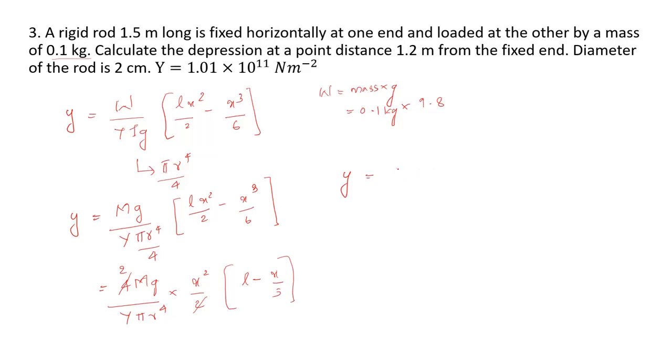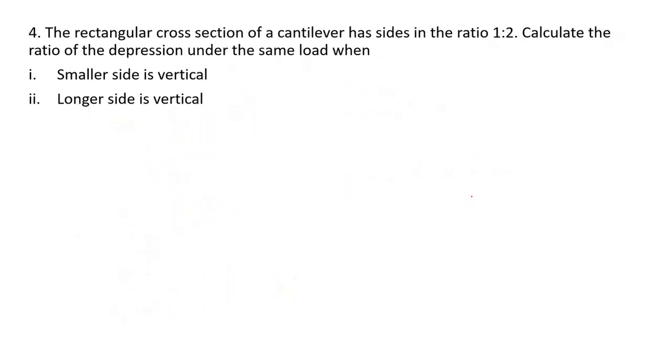According to the given equation, we can put in all those values and find y is 0.98 into 10 to the power negative 3 meter. Let's move on to the next question.